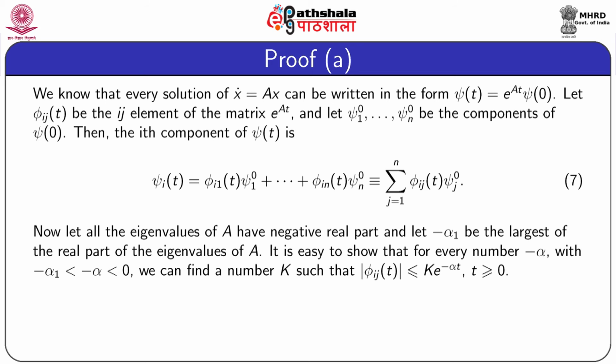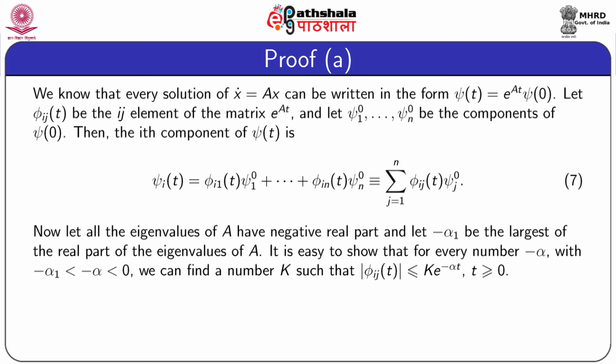Then the i-th component of psi is psi_i(t) equal to phi_i1(t) psi_1(0) plus ... plus phi_in(t) psi_n(0), which is equivalent to the summation j equal to 1 to n of phi_ij(t) psi_j(0), given by equation 7.